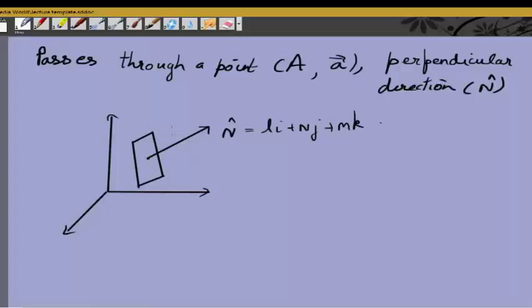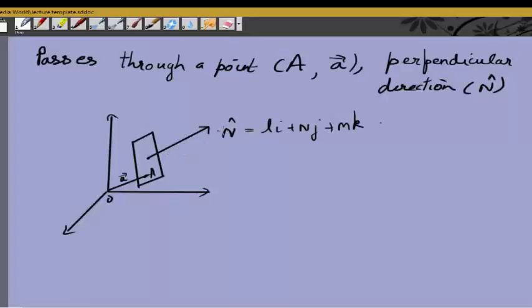Right, this is n cap, and also we are given a point A through which it passes. This is O, this position vector is a. So it passes through the point A and it is perpendicular to this direction.